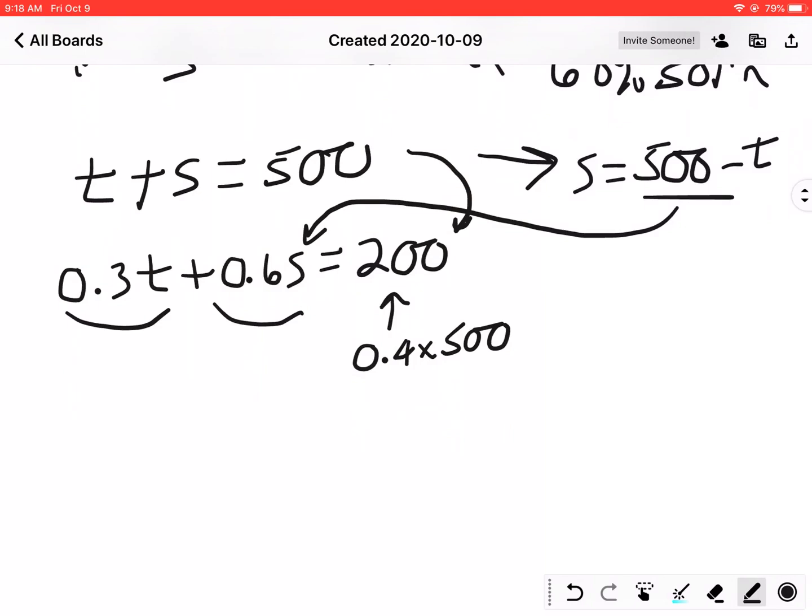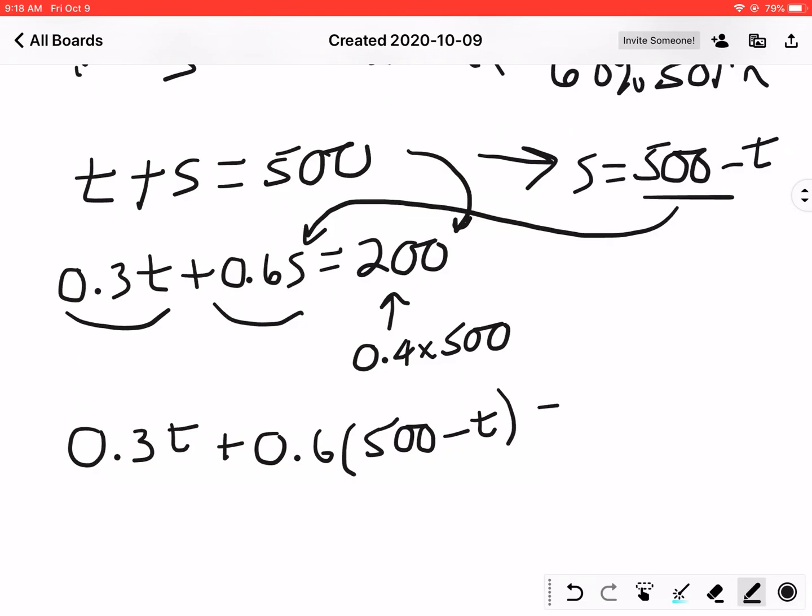This is the substitution method this time. So 0.3 T plus 0.6, I'm going to write 500 minus T. Notice there's no more S. So the substitution method does eliminate the variable.